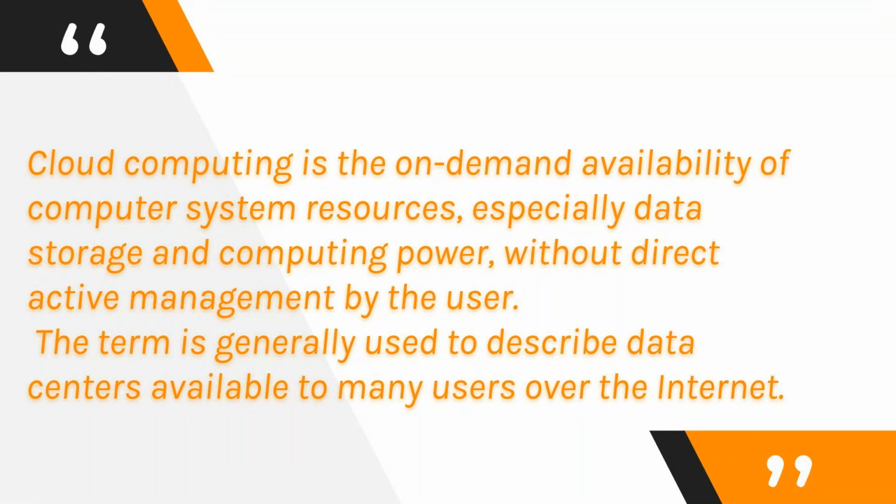So let's go by the Wikipedia definition first, and we'll expand on this one. Cloud computing is the on-demand availability of computer system resources, especially data storage and computing power, without direct active management by the user. The term is generally used to describe data centers available to many users over the internet.